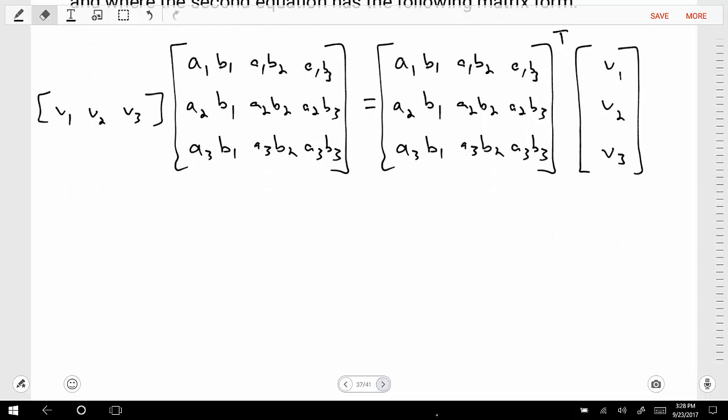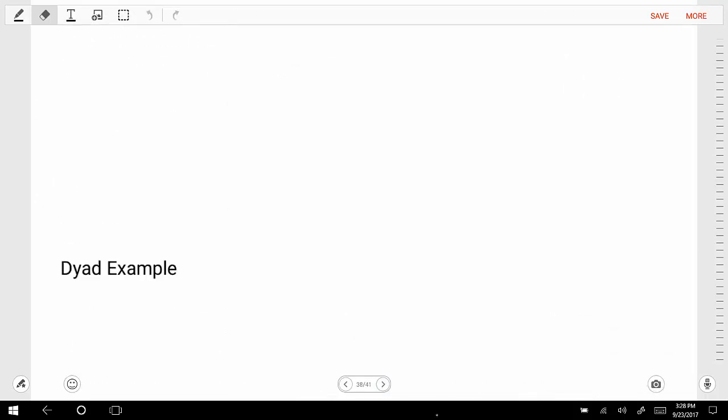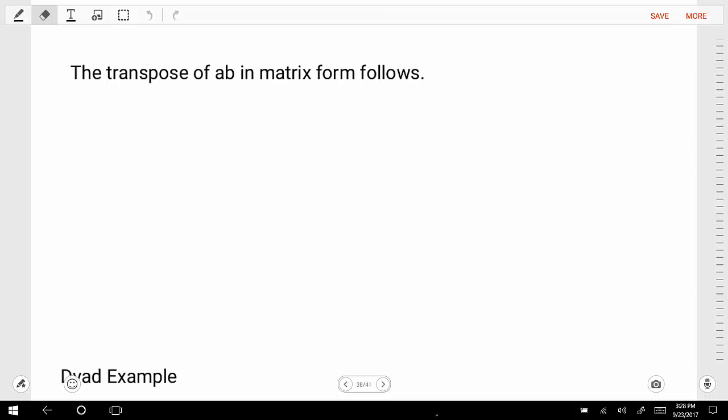Then we can find the transpose of AB in matrix form. Let's start with the idea of the transpose, and remember our notations here. The AB could be this circle with X symbol, or we could think of it as A and a vector B transpose to form the tensor.